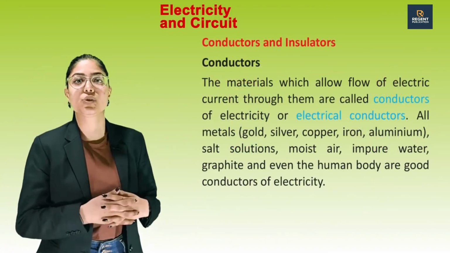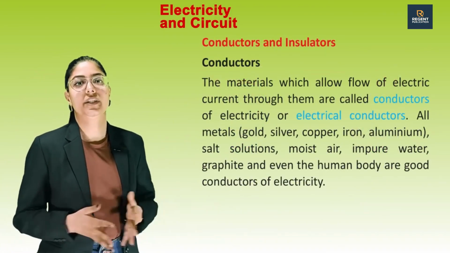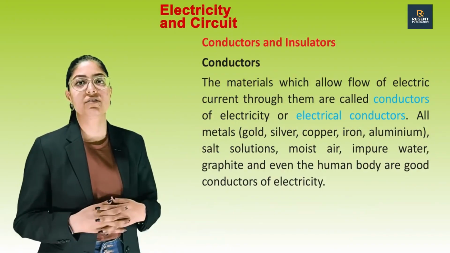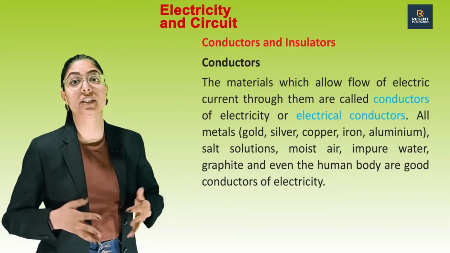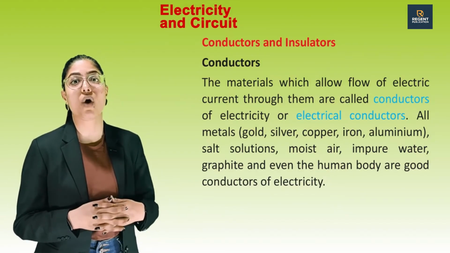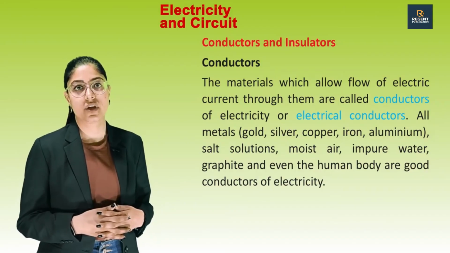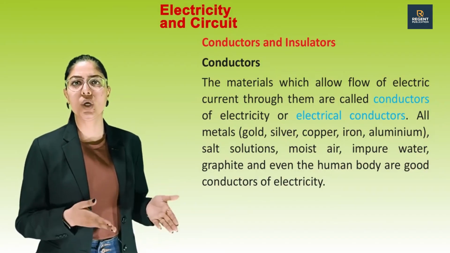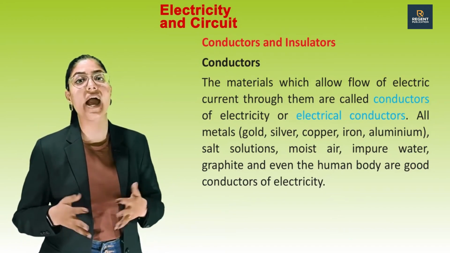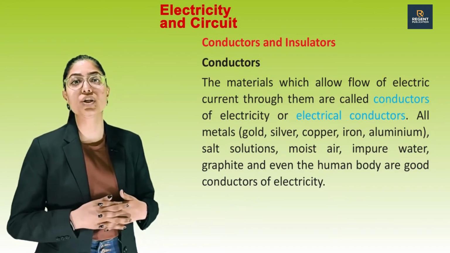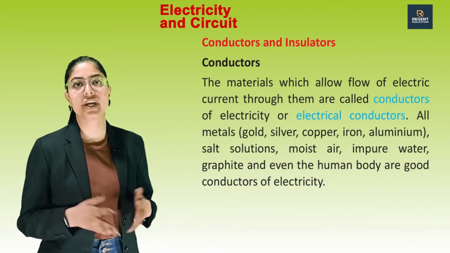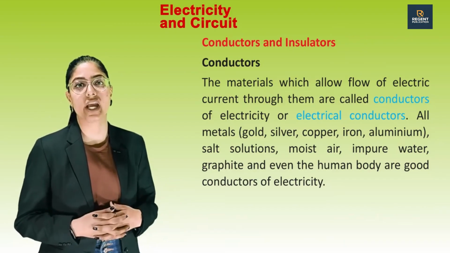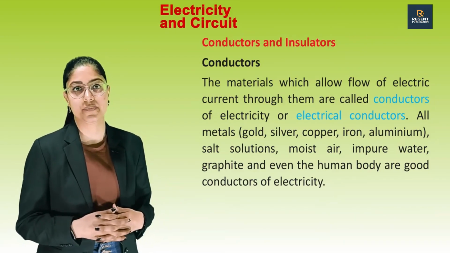Conductors and insulators. Conductors: the materials which allow the flow of electric current through them are called conductors of electricity or electrical conductors. All metals, gold, silver, copper, iron, aluminium, salt solutions, moist air, impure water, graphite and even the human body are good conductors of electricity.